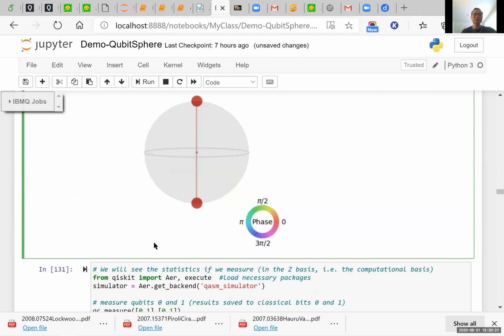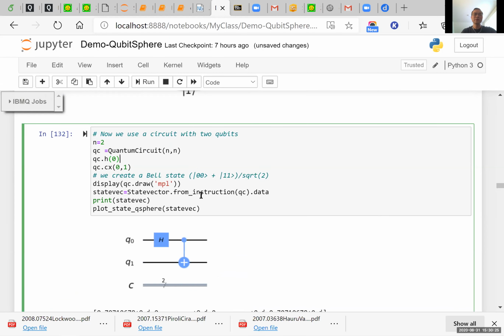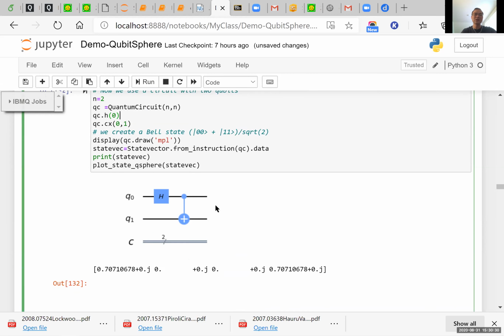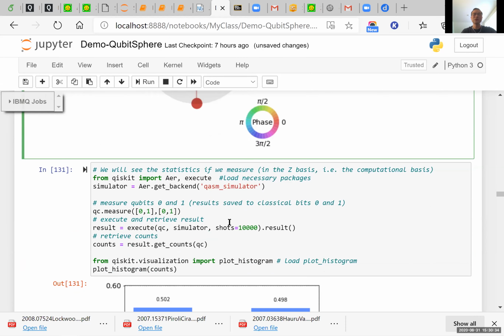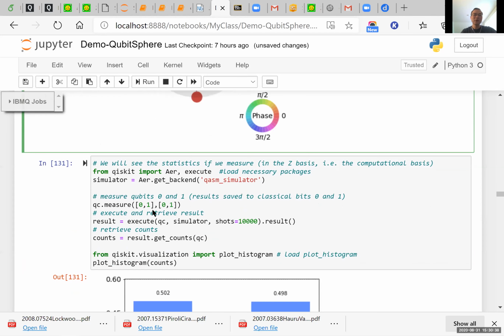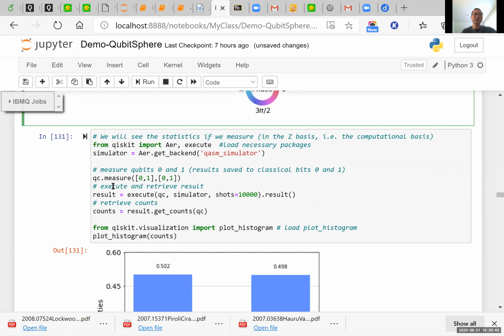Okay, so Qsphere is a new way of representing the quantum state. If you don't understand that in detail, it doesn't matter that much at this point. I just want to introduce the code that you can download and play with. One nice thing is, if you have a quantum circuit, you can perform the measurement.